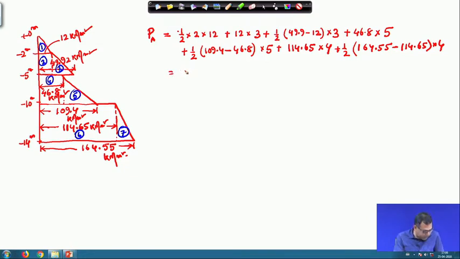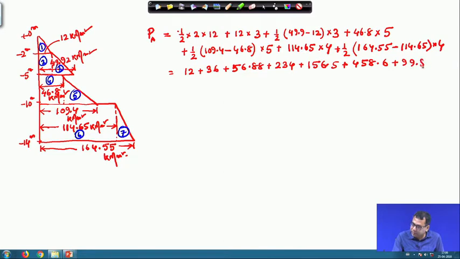Okay. So, this value comes out to be, separately I am calculating, 12 plus 36 plus 56.88 plus 234 plus 156.5 plus 458.6 plus 99.8.